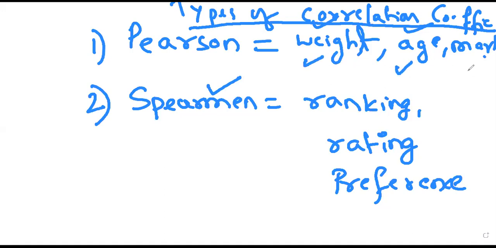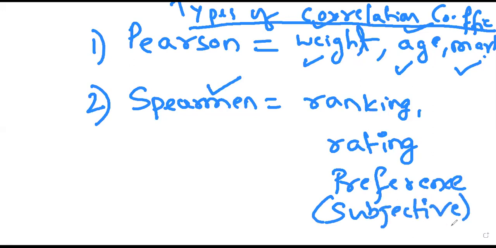As I assume you have completed the data collection project, you may have observed that weight, age, marks are all exact values which you get from the respondent. But ranking, rating, preferences are subjective, subjective to one's own opinion. So whenever these things happen, we apply Spearman's rank correlation. Otherwise, it's Pearson correlation coefficient. Okay?